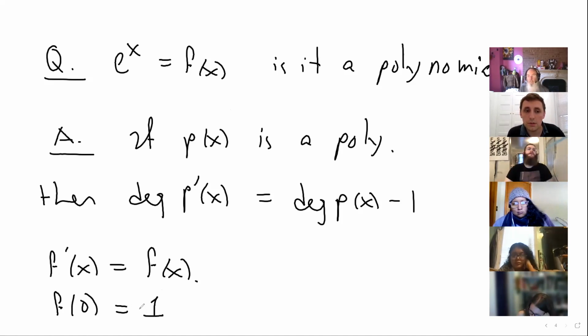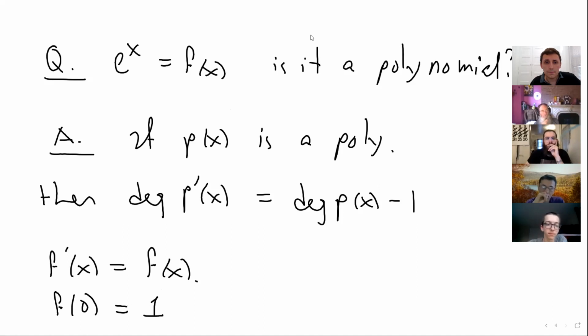Yes? So the derivative is itself and at 0 is 1. So e to the x is a solution to this differential equation, if such a solution can exist. So it's very, very loosely defined here, right? Yes. So then what?